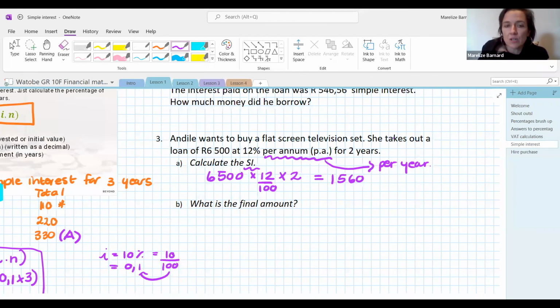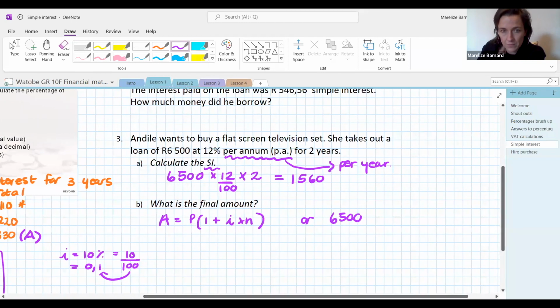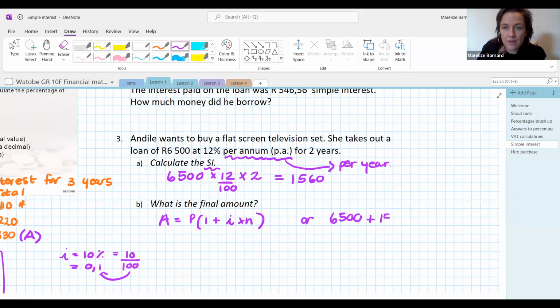There are two ways that you can do this. You can use our formula that we looked at the start, I times N, or you can just go 6,500 plus 1560. That will give you the final amount as well. Okay. So some of you can work it out with the formula, some of you can do it the other way, and we should all get the same answer.